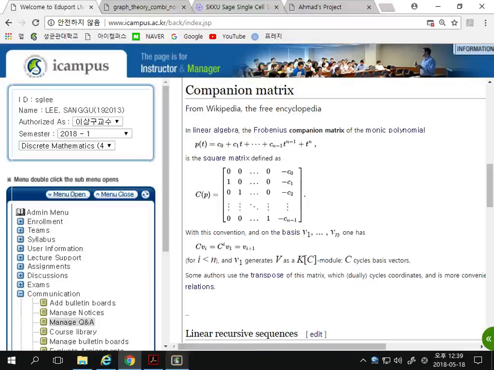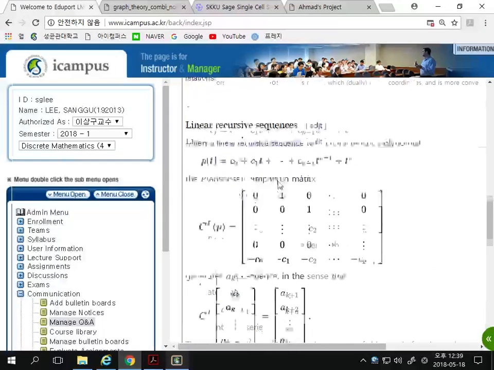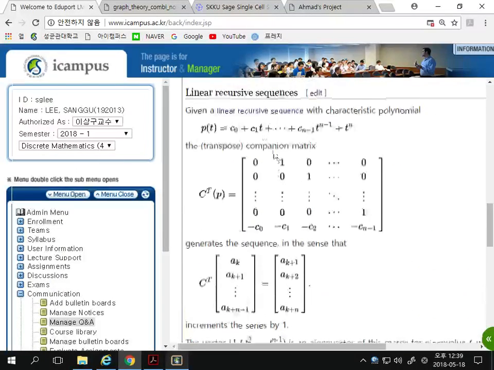The others are just shifted, because the very last one is the one that you add. When you multiply a vector here, the very last entry will be the next term. So solving this problem is like solving this problem.